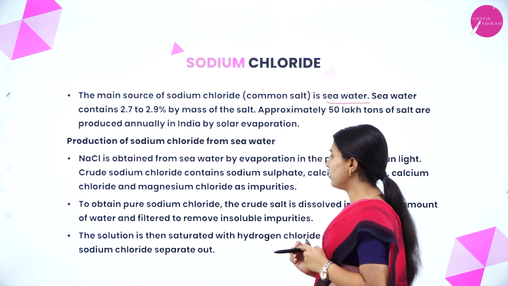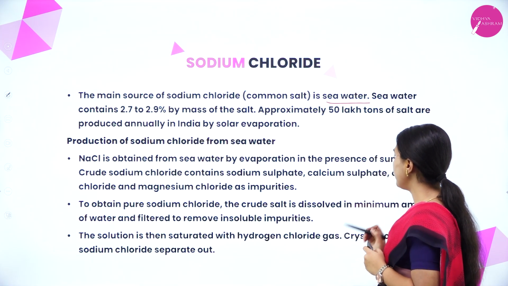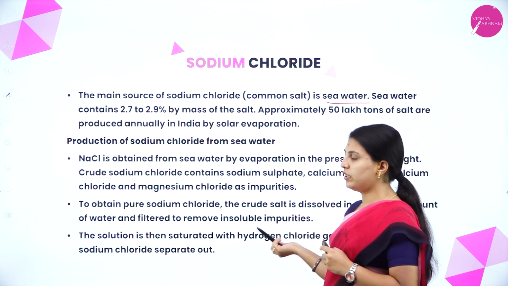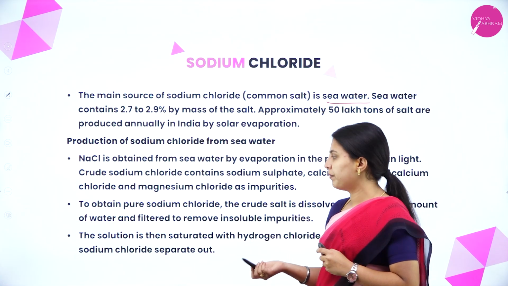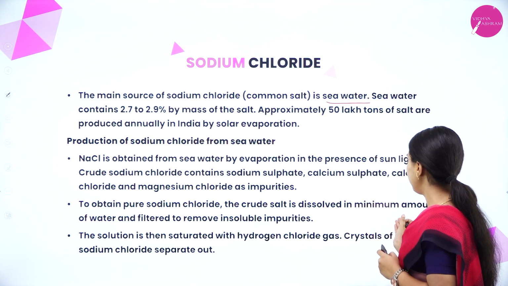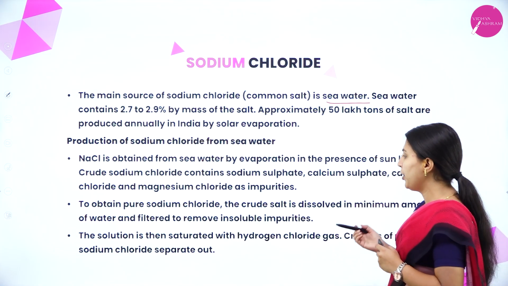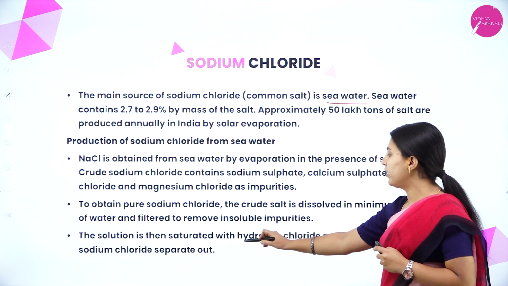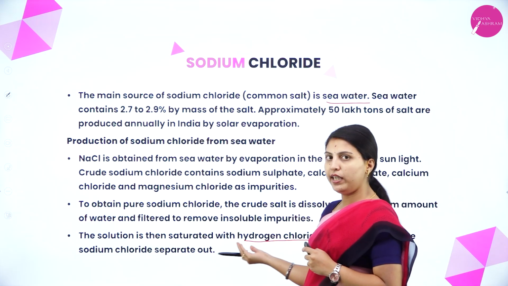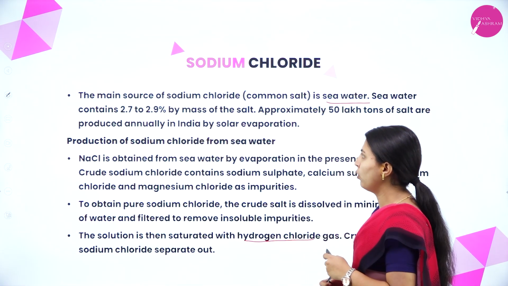To obtain pure sodium chloride, the crude salt is dissolved in the minimum amount of water and filtered to remove insoluble impurities. The solution is then saturated with hydrogen chloride gas. Crystals of pure sodium chloride will separate out. Here hydrogen chloride, that is HCl gas, will be passed to get the pure form of sodium chloride.